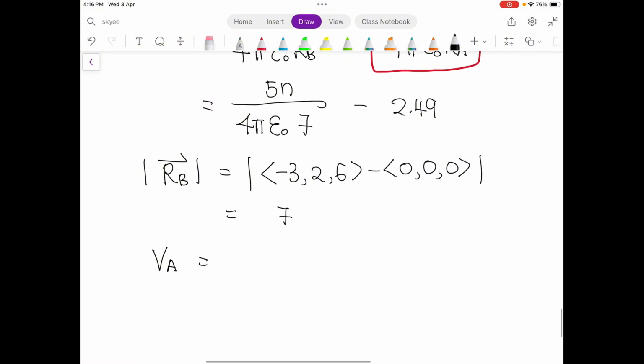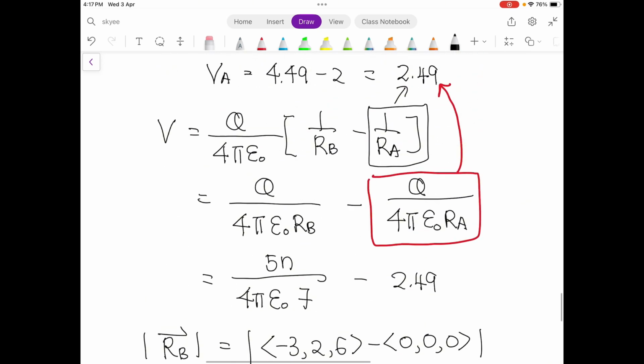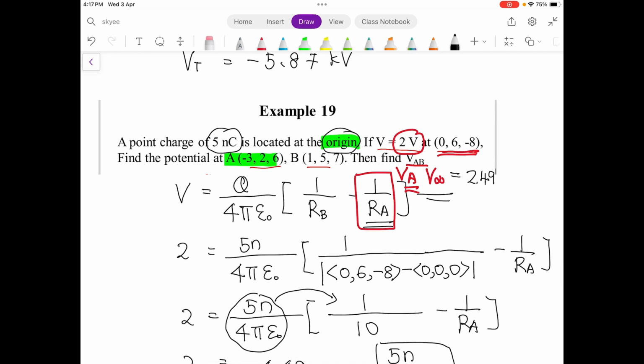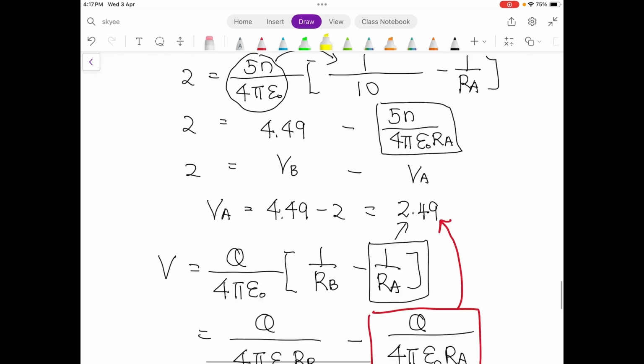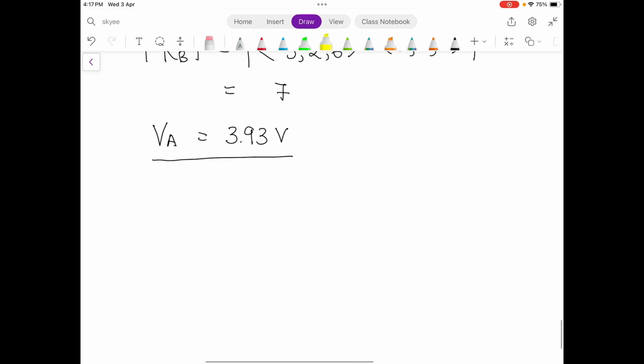So this one will be your VA, with the 5 nano, and it equals 3.93 volt. This is the VA, which means the potential at position A. Now we move on to find the potential at position B, using the same formula, same technique.